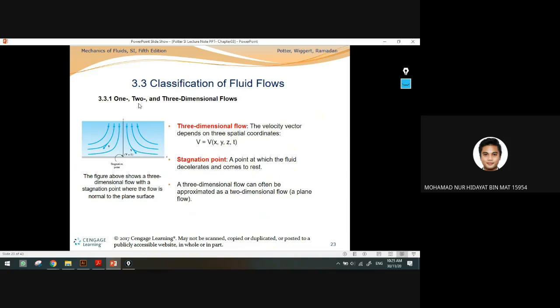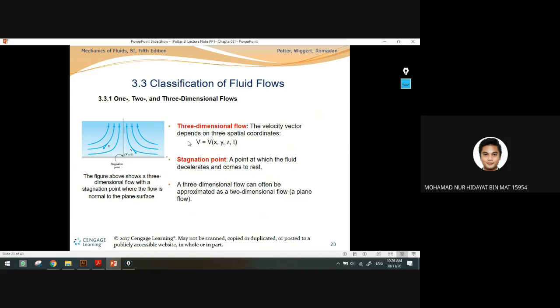When it involves y, it is 2, which is x and y components. How about 3? It is x, y, and z components. So the 3-dimensional flow is where the velocity vector depends on 3 spatial coordinates. Alright. So here x, y, z represent the space and t represents the time.